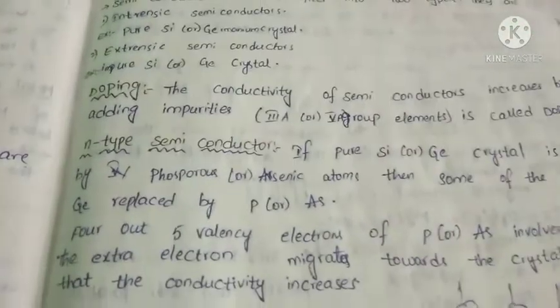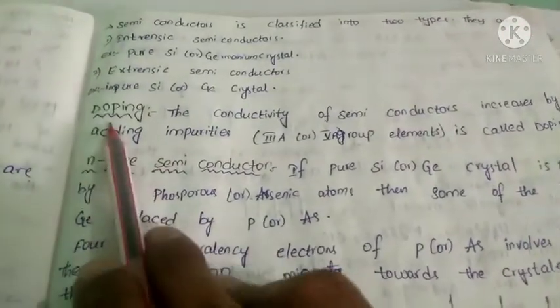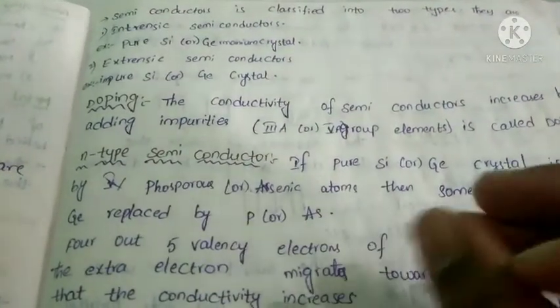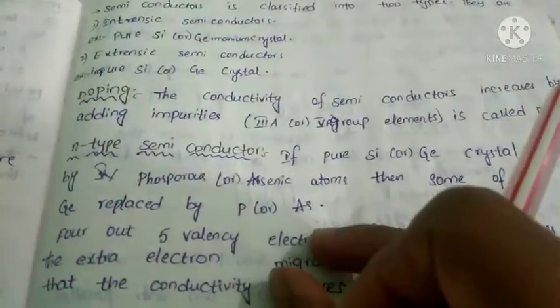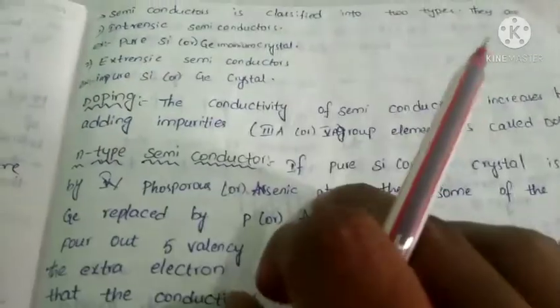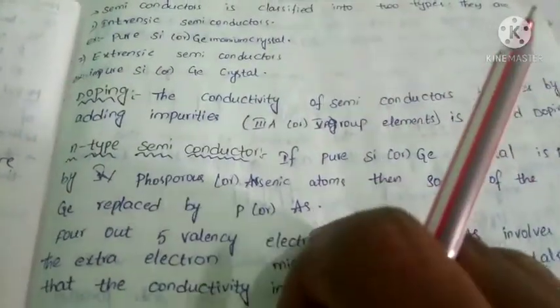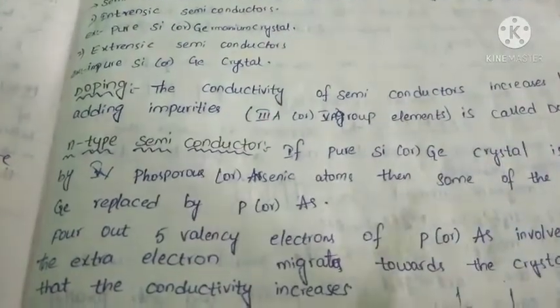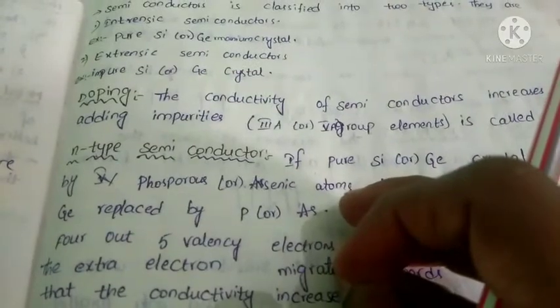Here we have to know one important definition. What is doping? Doping means addition of impurities to the given crystal. I repeat once again, addition of impurities to the given crystal is called doping. Why should we add impurities to the given system?